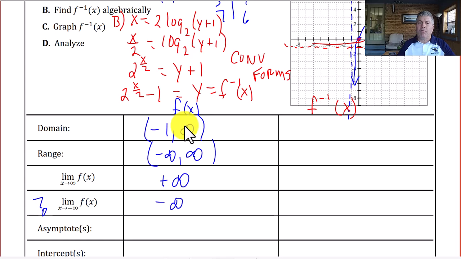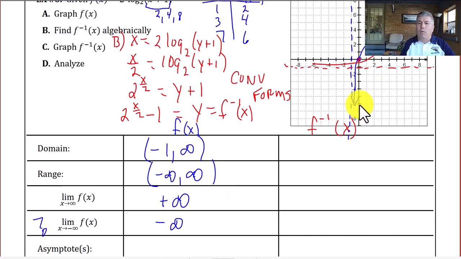So the domain for our function, our valid x's, go from our vertical asymptote at -1 all the way out to positive infinity. Our y's go from -infinity to positive infinity. Our end behavior as our x's go to positive infinity is positive infinity. I do question the limit of our function as x goes to negative infinity, because x really can only go to -1, or we're approaching -1, but then that limit would be negative infinity.